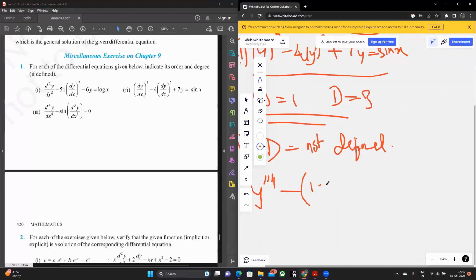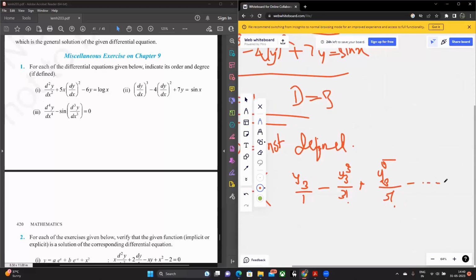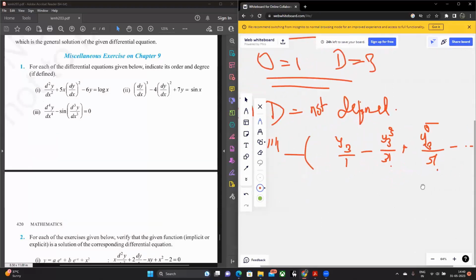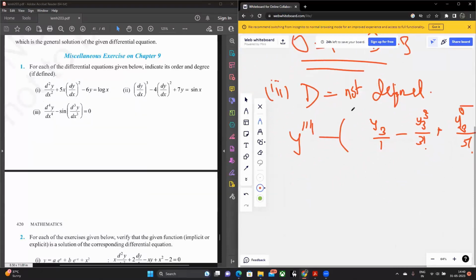So you're going to get something like 1 minus y3, an infinite expansion of y3 terms: minus y3 cubed by 3 factorial plus y3 power 5 by 5 factorial minus and so on till infinity. You can see that the degree is not really well defined because you have an infinite expansion. So your order is 4 and your degree is not defined.